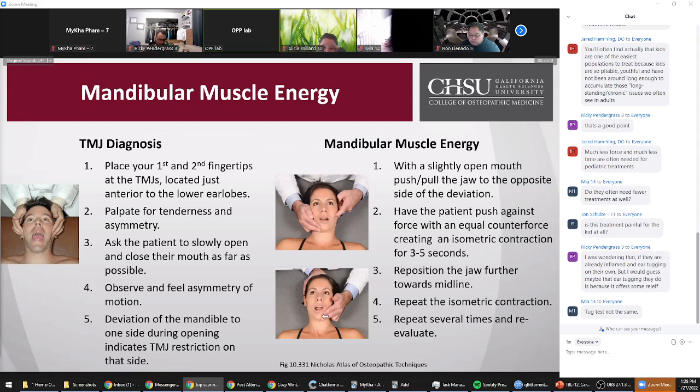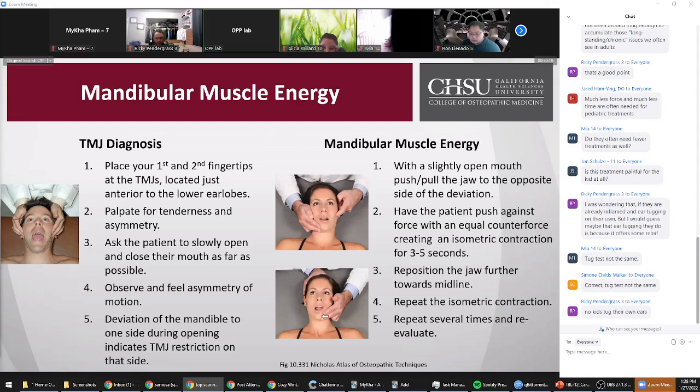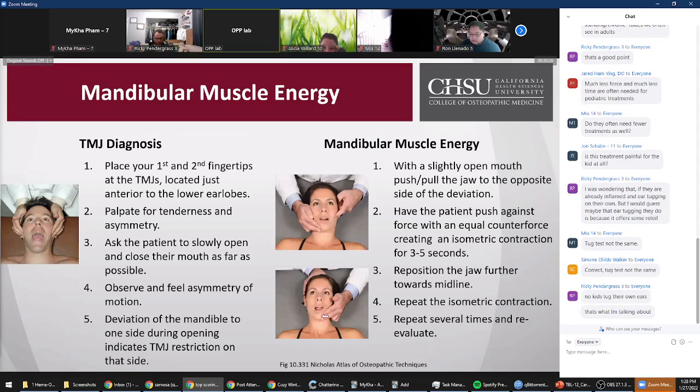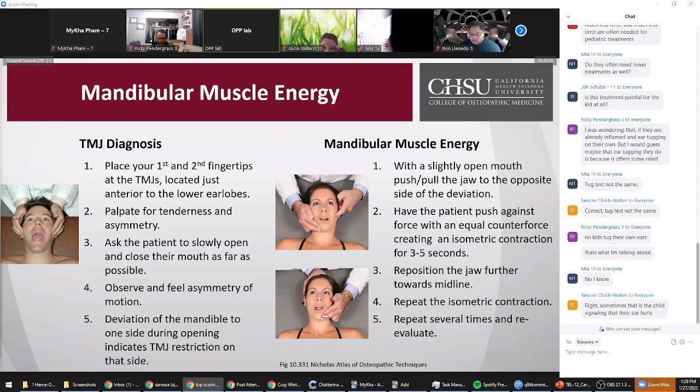You ask the patient to slowly open and close their jaw as far as possible, and you're observing and feeling symmetry as well as motion. Remember, when we're talking about those TART findings, and we're looking at ranges of motion, we're looking at actual absolute degrees, and we're looking at fluidity of motion.